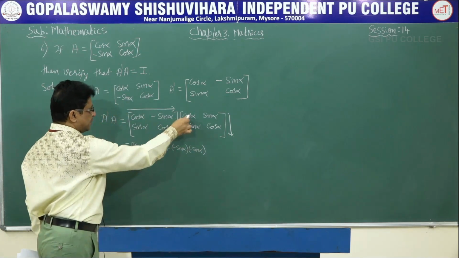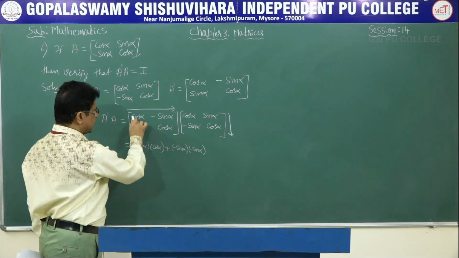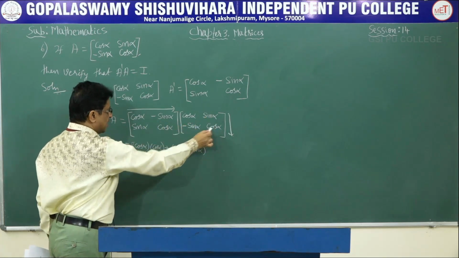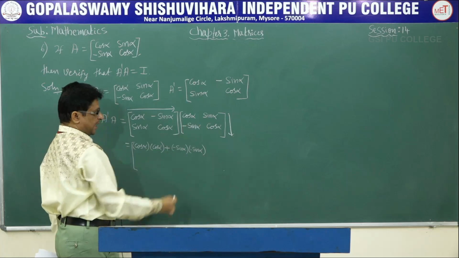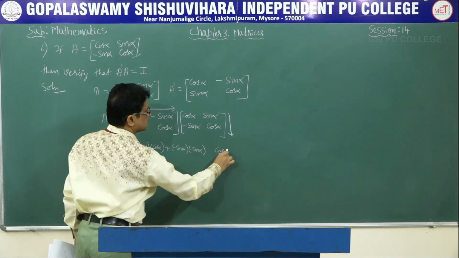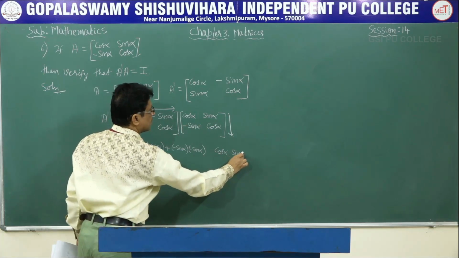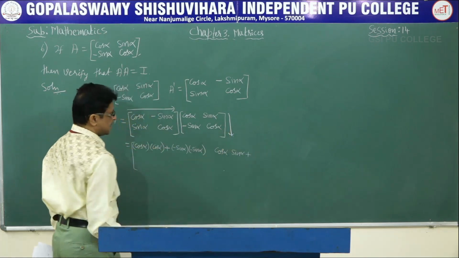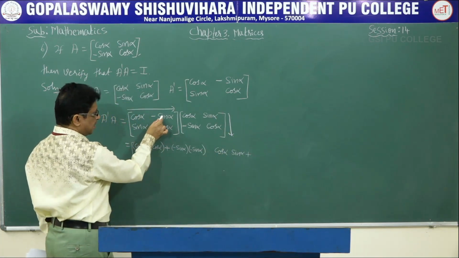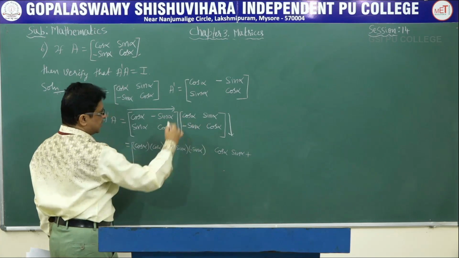Next element is first row into second column: cos alpha into sin alpha plus minus sin alpha into cos alpha.